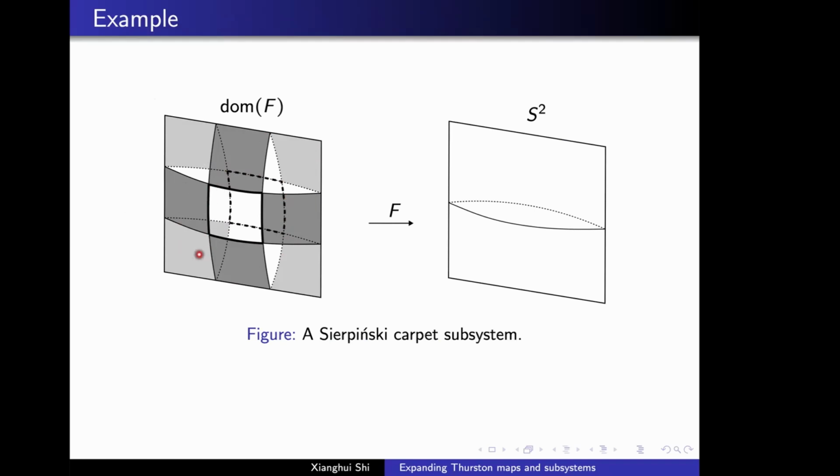The subsystem capital F is just a restriction of the original map to the union of those 16 1-tiles. You can imagine that as you do more and more iterations, it gives a fractal-like structure, just like a carpet. In fact, in this situation, the limit set Omega is just two standard Sierpinski carpets glued together along their boundary.